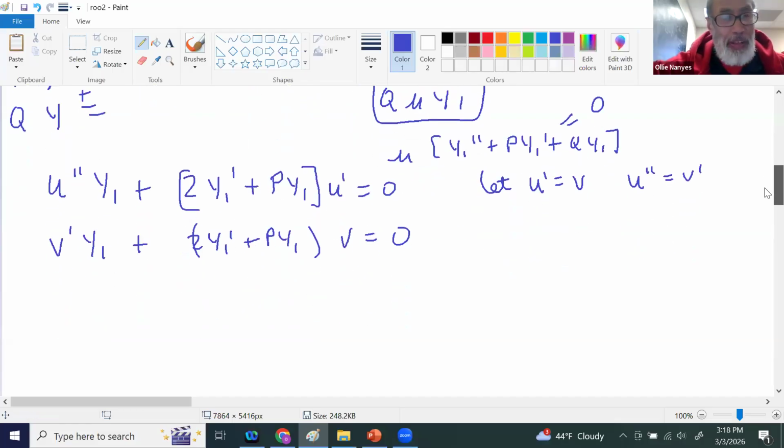Now, we could divide through by y1. Let's divide through by y1, assuming y1 is not identically 0. So we have 2 y1 prime over y1 plus p y1 divided by y1 is 1.